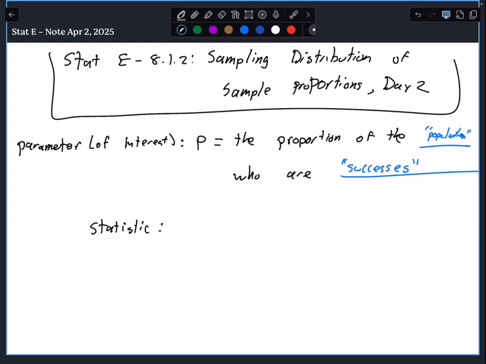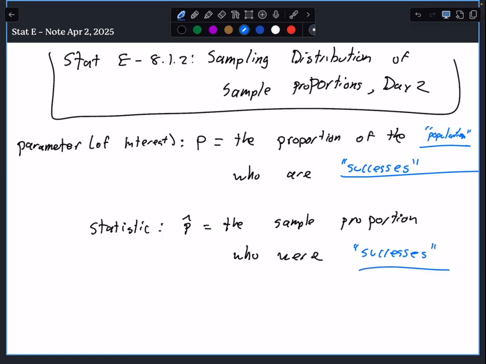The sample proportion who were successes. So I sampled 200 students.